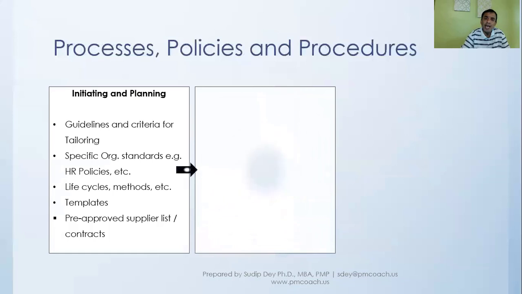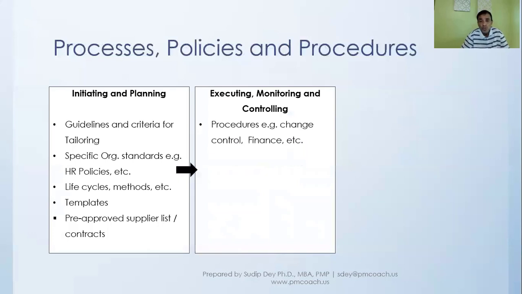Then when we look at the executing, monitoring, and controlling phase, there are again some processes, policies, and procedures that are worth looking at. One is, of course, change control procedures. Now, when we are running a project, or we execute a project, changes will be there.